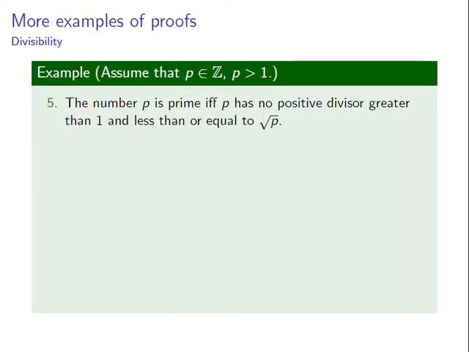Consider the claim: the number p is prime if and only if p has no positive divisor greater than 1 and less than or equal to the square root of p.